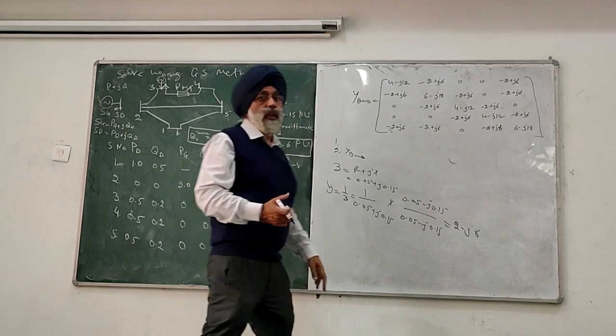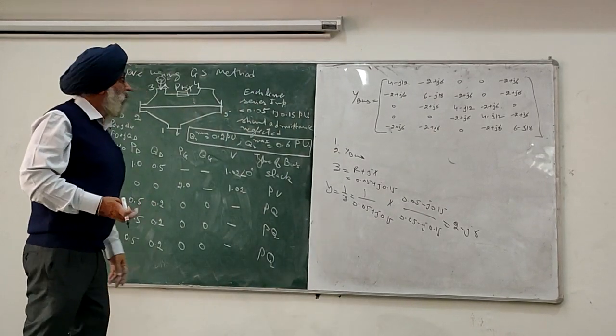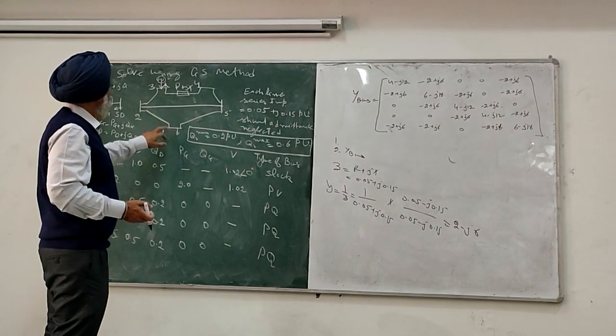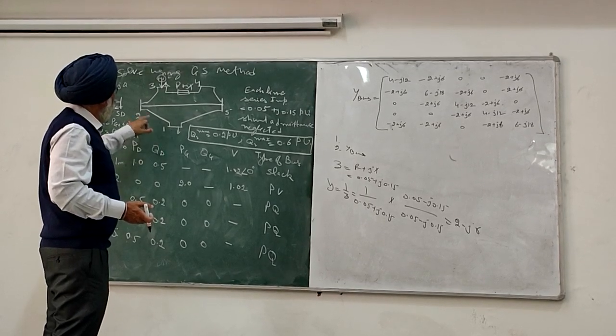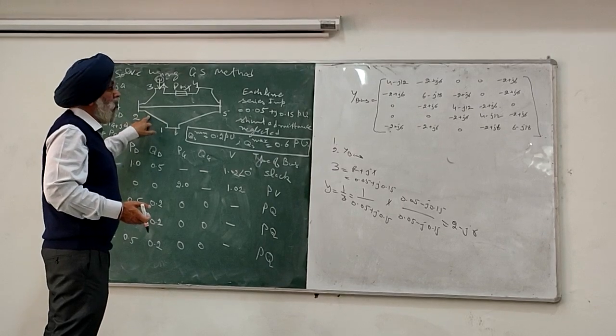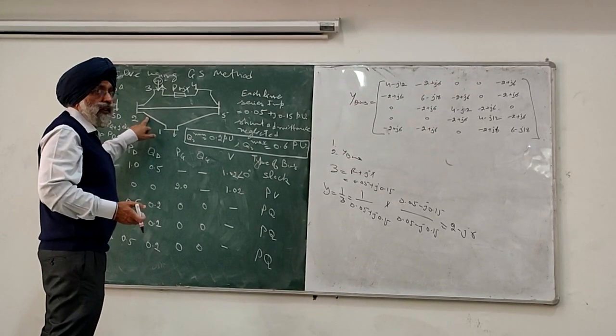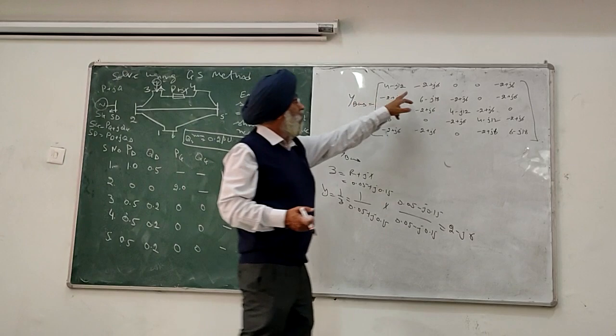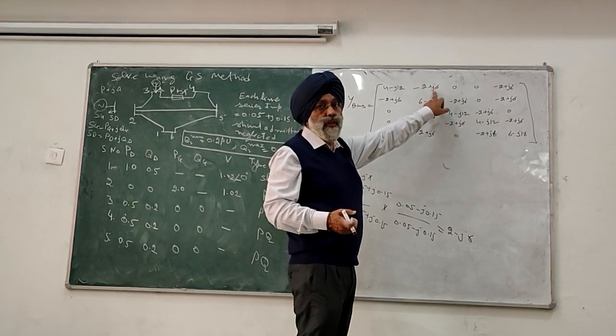Similarly, the second element Y12 is the minus of the admittance connected between bus 1 and 2. The admittance of this line is 2 minus j6, so Y12 is equal to minus 2 plus j6.